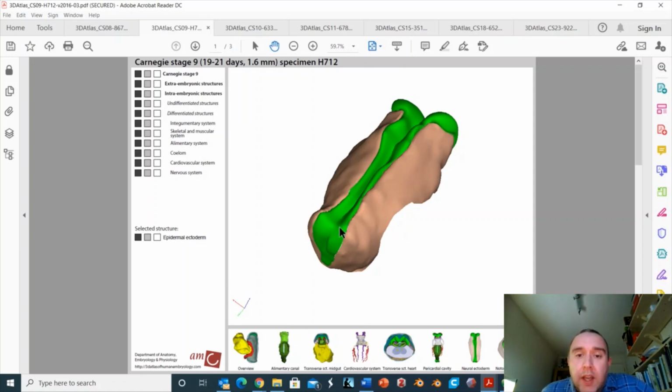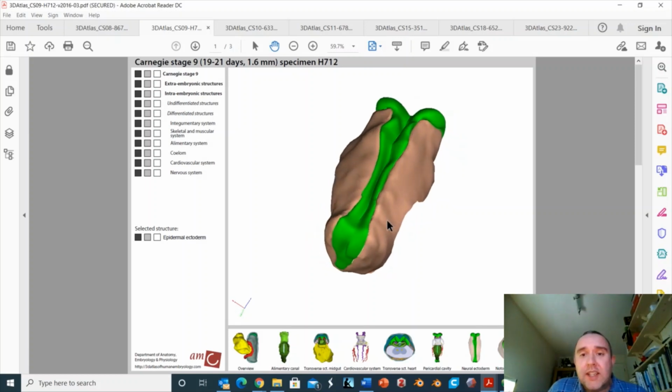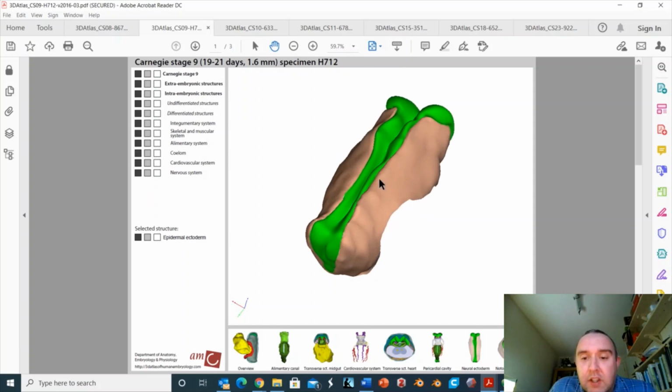Whereas in green, we're looking at the neuroectoderm, the ectoderm that's going to go on to form the neural tube. And what you can start to see happening is that the ectoderm is starting to elevate at these regions here. The ectoderm is starting to elevate at this region here and this region here.